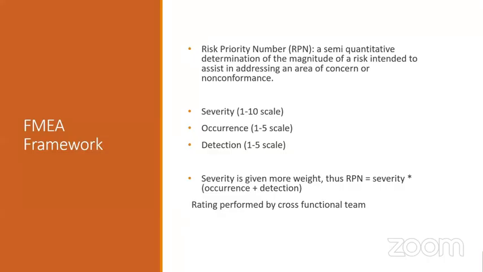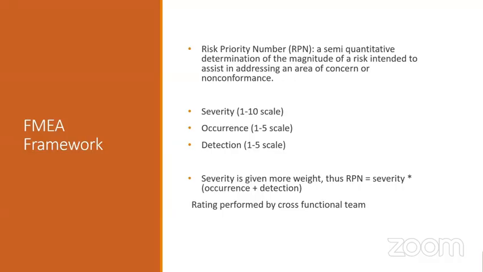That is done purposely. In some FMEA RPNs, you will see that you have severity multiplied by occurrence and multiplied by detection. And a word of caution there: the weight that you would give occurrence and detection is increased significantly, and therefore you might have a lower RPN when in reality the severity is significant.